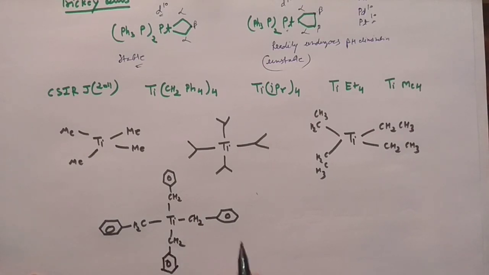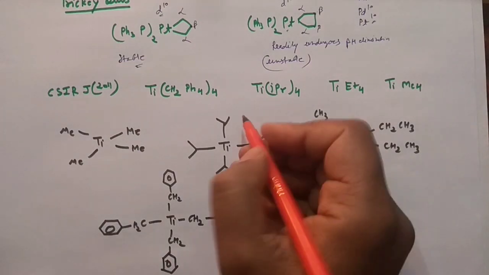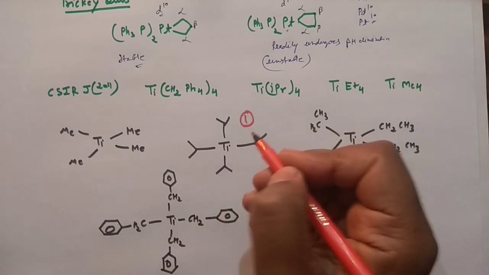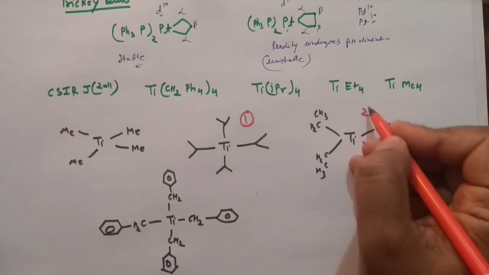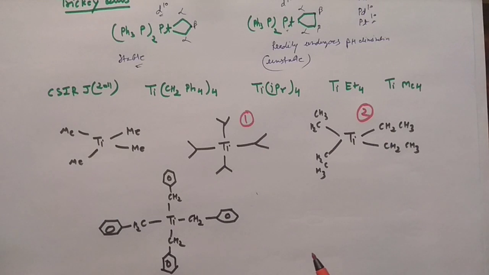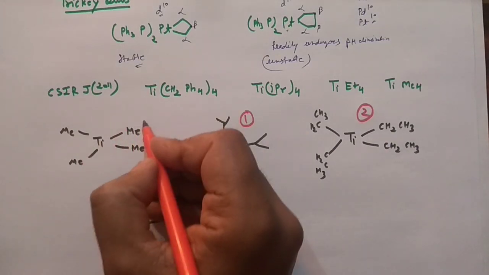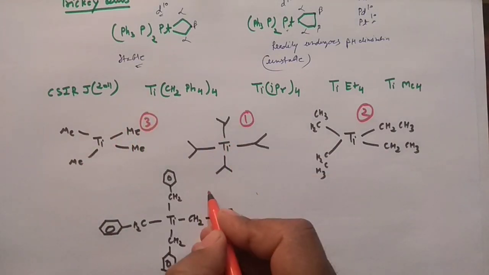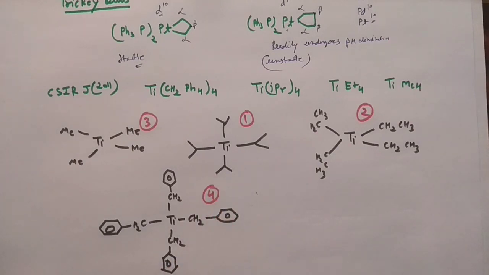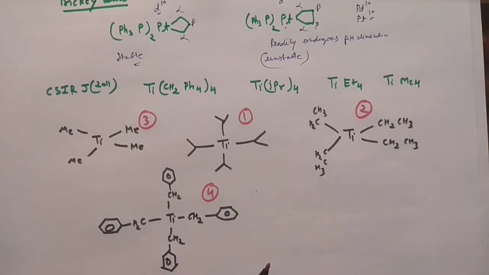These 4 complexes they have given. If I quickly number them, this is complex number 1, this is complex number 2, this is complex number 3, this is complex number 4. These 4 complexes are given to you and you have to decide their stability.